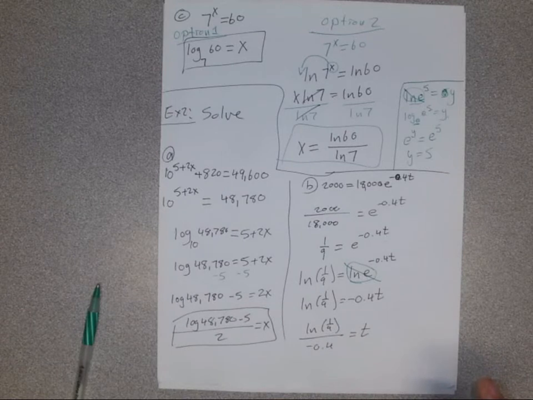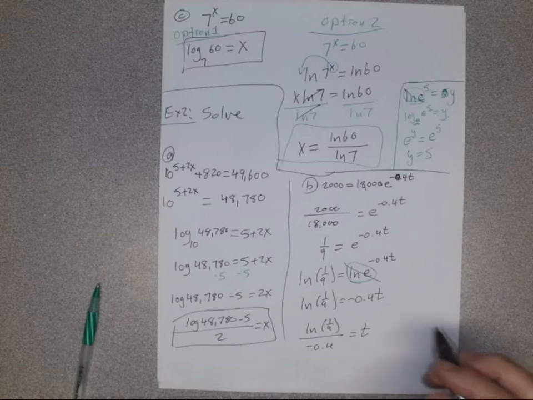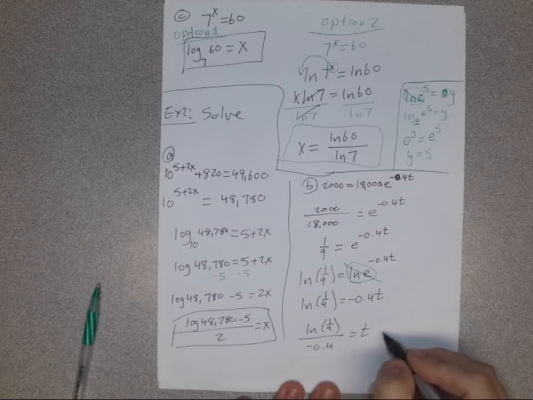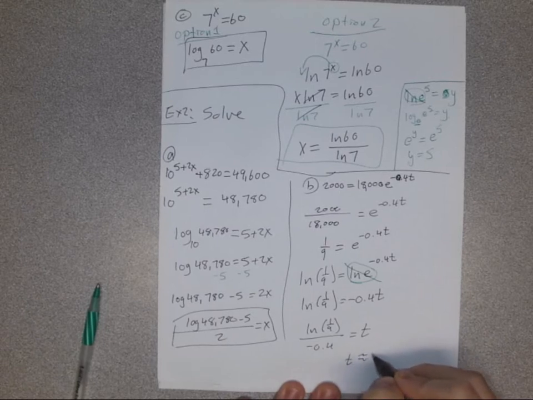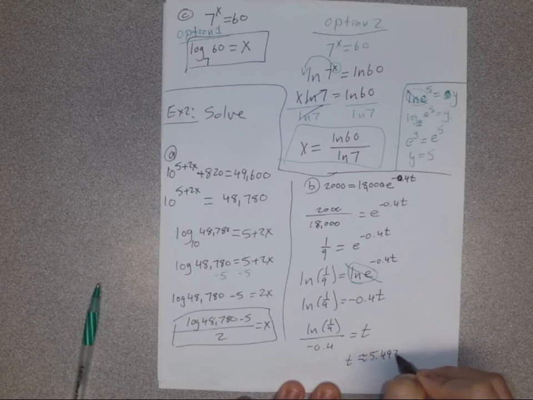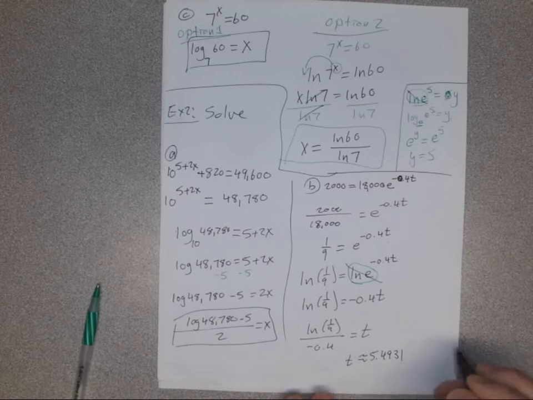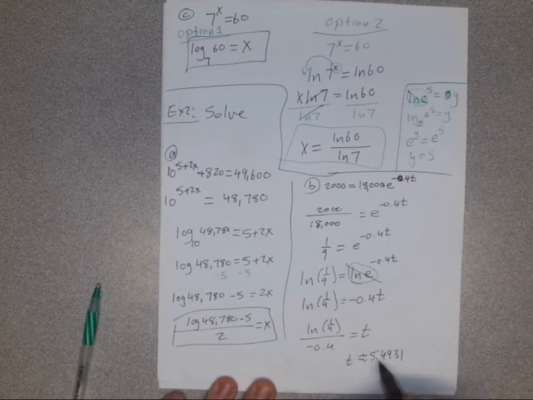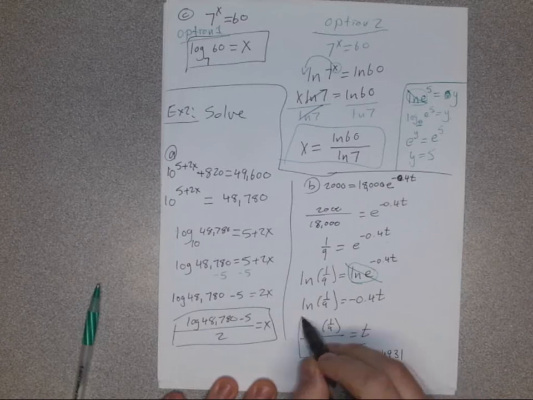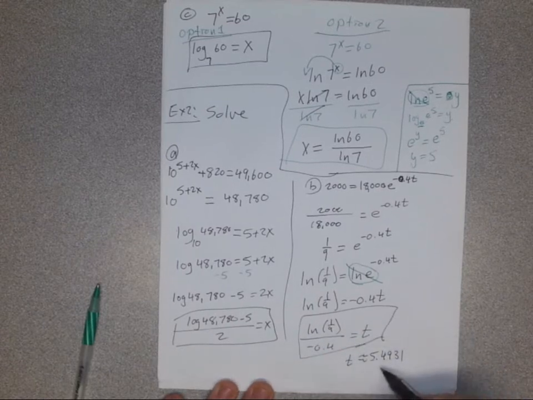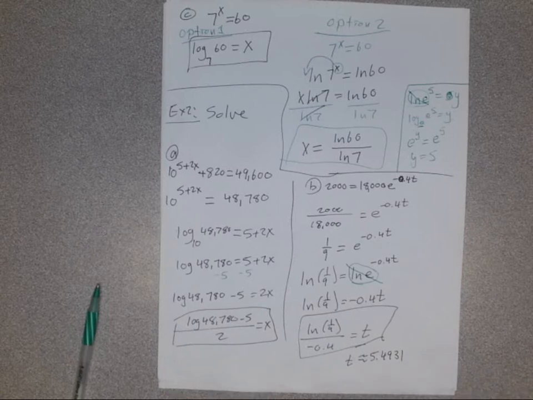All right. Which is approximately 5.4931 years. And I don't care about this for right now unless the problem specifically says how many years, then you would want to write out the answer.